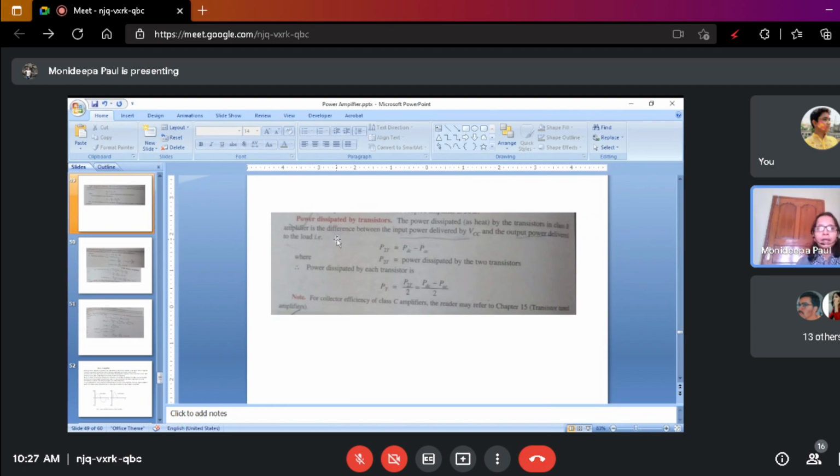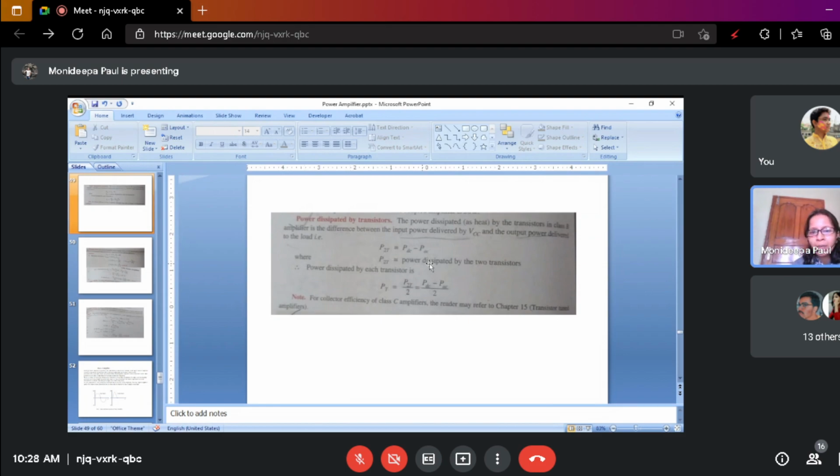So the relation is: input power is equal to output power plus power dissipated. The power dissipated as heat by the transistors in a class B amplifier is the difference between the input power delivered by VCC and the output power delivered. That means input power minus output power is equal to power dissipated.